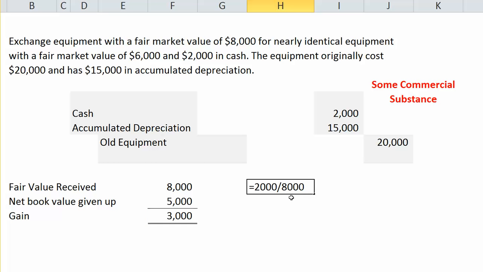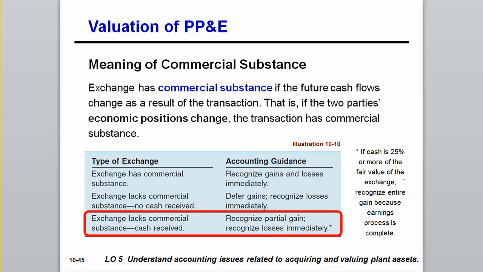$2,000 of the total $8,000 that we received was cash, so that's accounting for 25% of our fair value. And if cash is 25% or more of the fair value, we recognize the entire gain. We assume the earnings process is complete, that there is commercial substance.